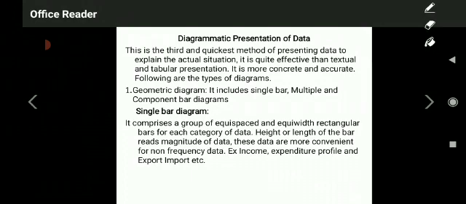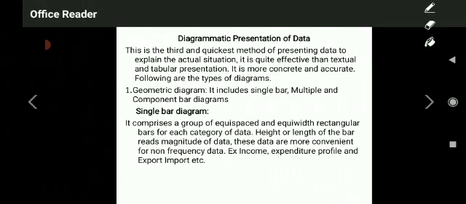Look at the first one, the single bar diagram. A single bar diagram comprises a group of equispaced and equi-width rectangular bars. It is very interesting: equispaced and equi-width. These diagrams look equal in width and spacing.